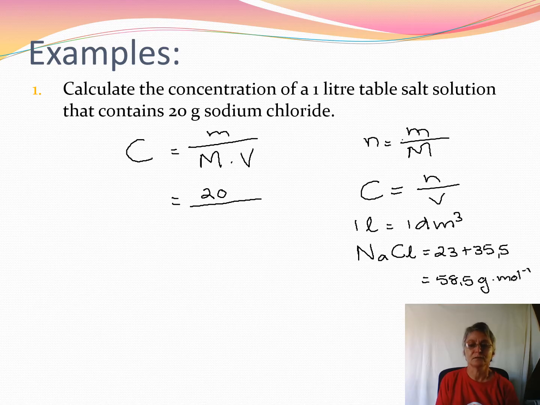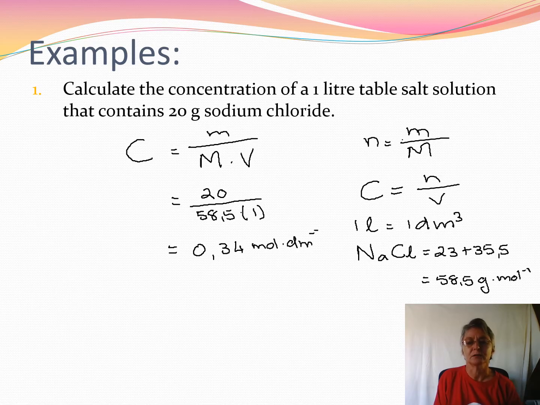So it's 20 divided by 58.5 times the volume, which is 1. So 20 divided by 58.5 is 0.34 mole per cubic decimeter.